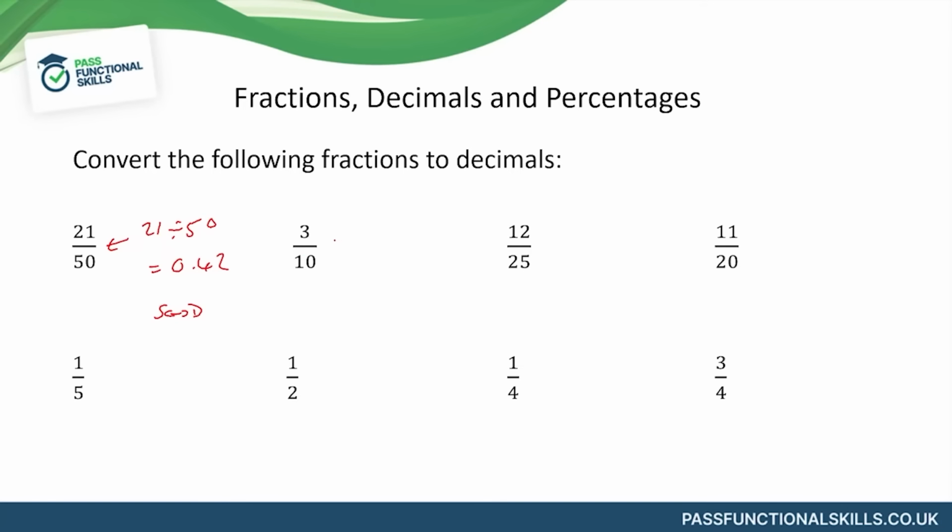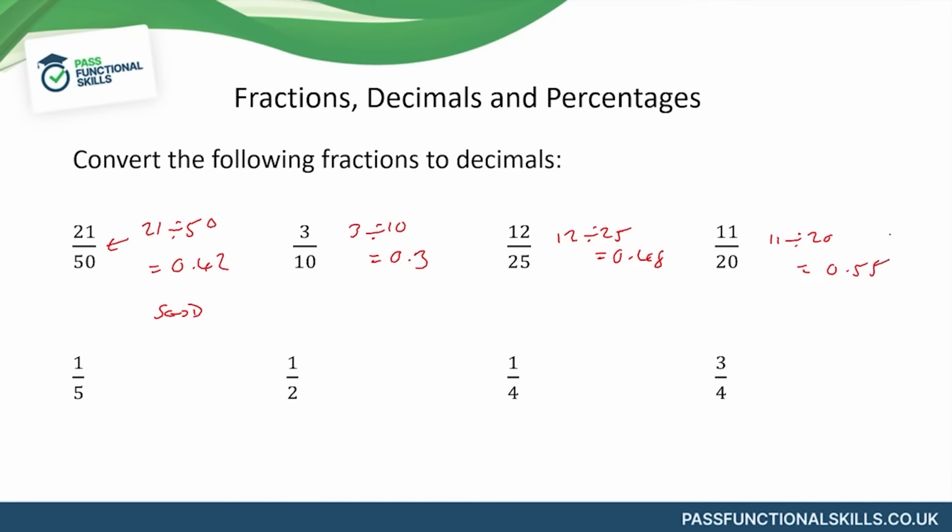So 3/10. On your calculator, 3 divided by 10, your calculator will tell you 0.3. If you've got a really basic calculator, then the decimal answer should come out straight away. 12 over 25, that is 12 divided by 25, and that on your calculator is 0.48, and 11/20, 11 divided by 20, is 0.55.